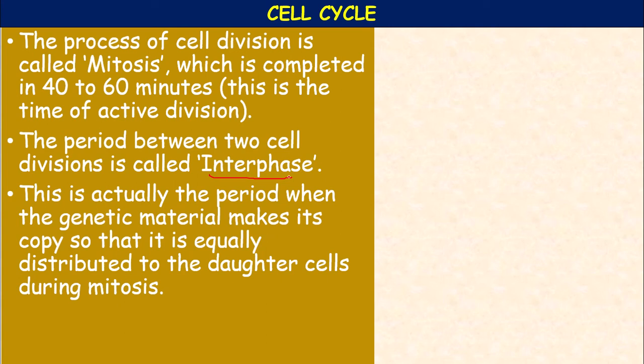The duration of this G1 phase varies from cell to cell. Followed by the next, S phase. S phase is also called synthetic phase, or synthesis phase. DNA replication occurs. Okay, it may be around 7 hours. G2 phase is the next phase of the interphase.